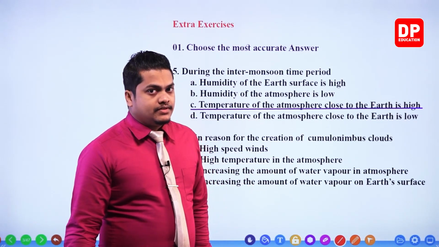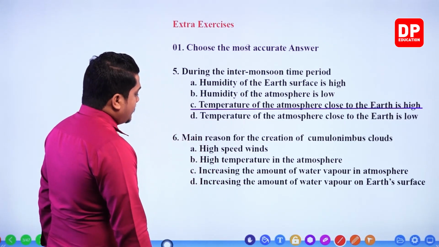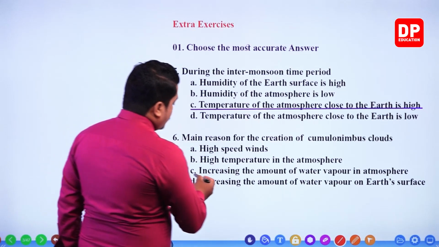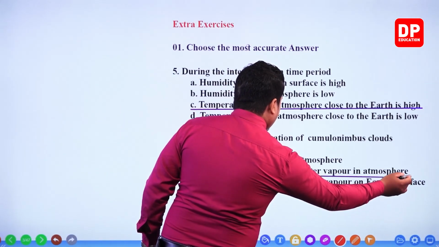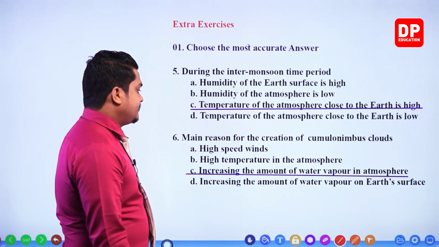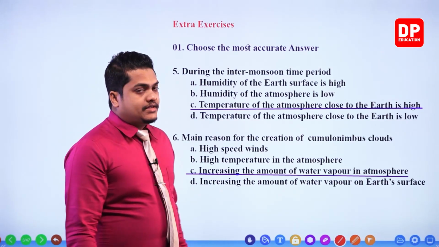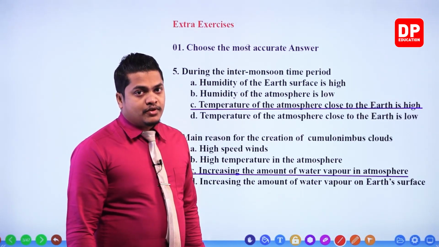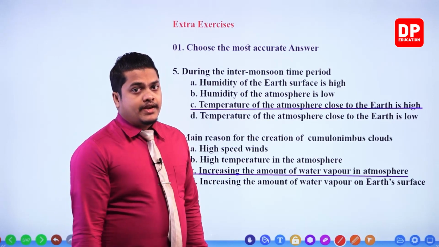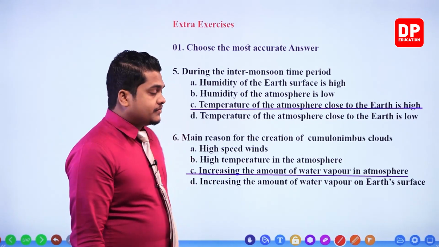That's the main reason, right? So, the most accurate answer for this one should be increase in the amount of water vapor in the atmosphere, right? So, it will create cumulonimbus clouds.